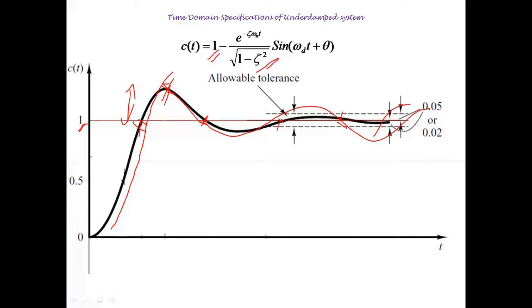But our point of interest is to determine the rise time exactly for the first attempt. If I drop a line from this point, that is nothing but the rise time T R. So exactly at time t is equal to T R, the response will be equal to 1. I can write the condition as c of t at t is equal to T R, replacing t by T R in the response, will be equal to 1.